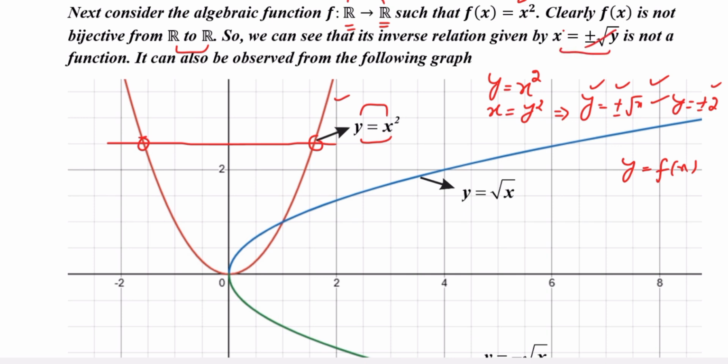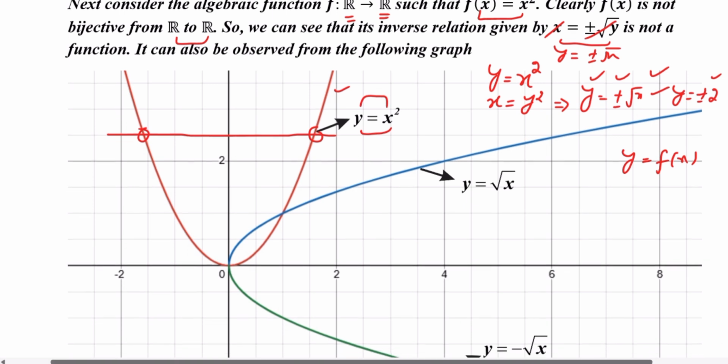Here it should be y is equal to plus minus square root of x. So I can say that when this function y is equal to x squared is not bijective, then its inverse relation is not a function. And you can verify it from its graph.